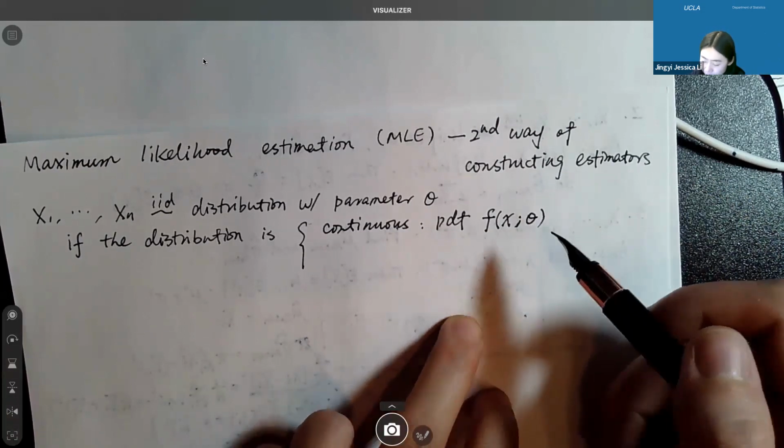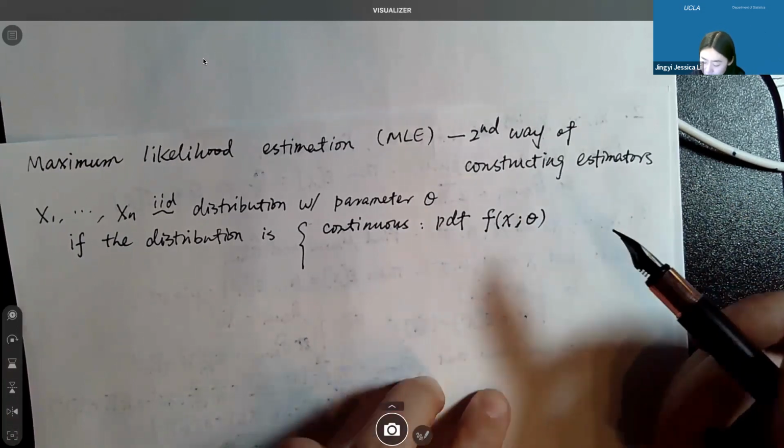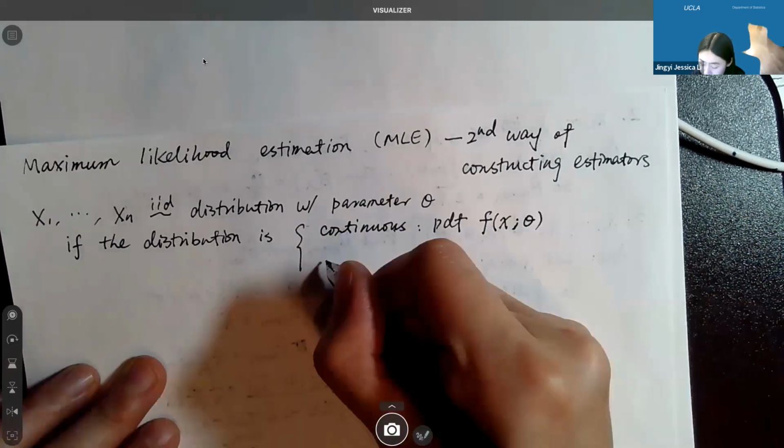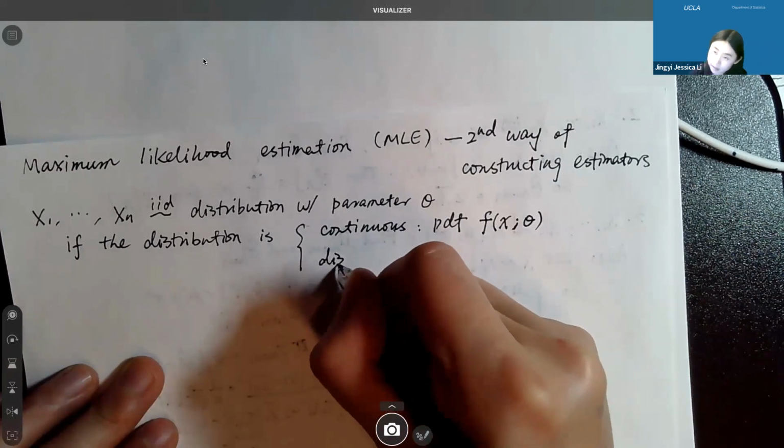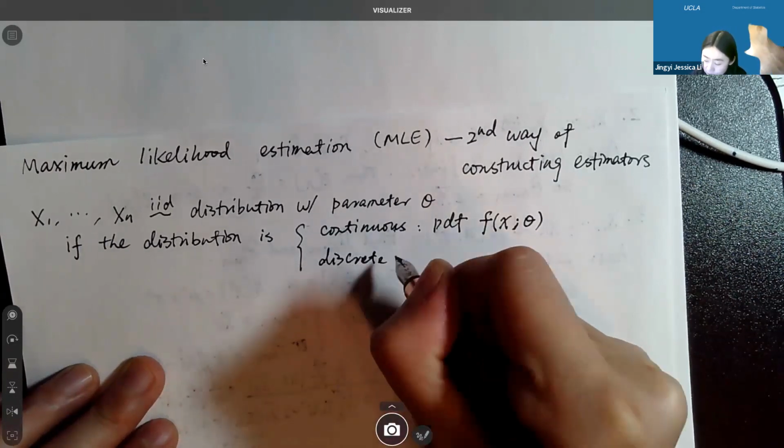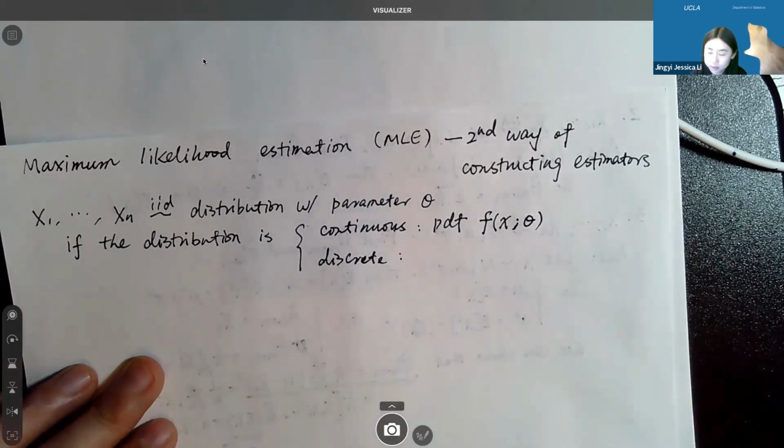Okay, on the other hand, if it's discrete, we don't have a density function, but we have a probability mass function, short as PMF.